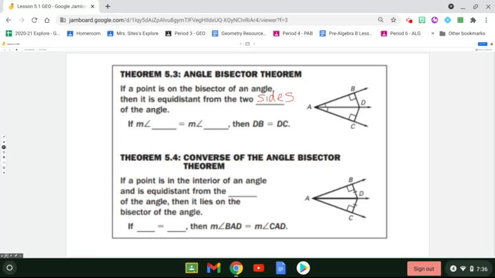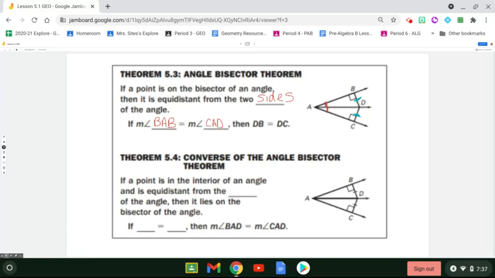So if we have that the measurement of angle BAD, so I'm going to mark that, so BAD is right here, is equal to the measurement of angle CAD, so this arc mark down here at the bottom, then what we can say is at the top that DB is equal to DC.